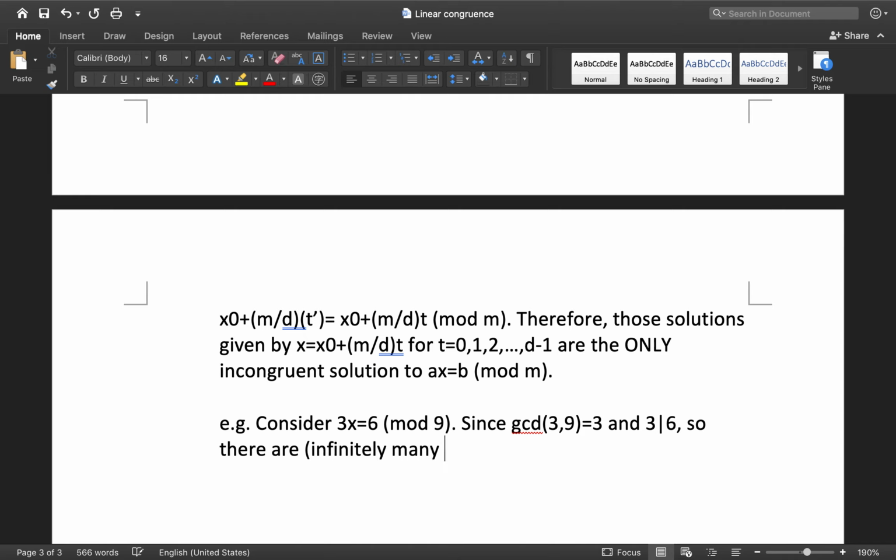Now you can solve it by inspection or by the Euclidean algorithm. You can check that x0 equal to 2 is a solution.